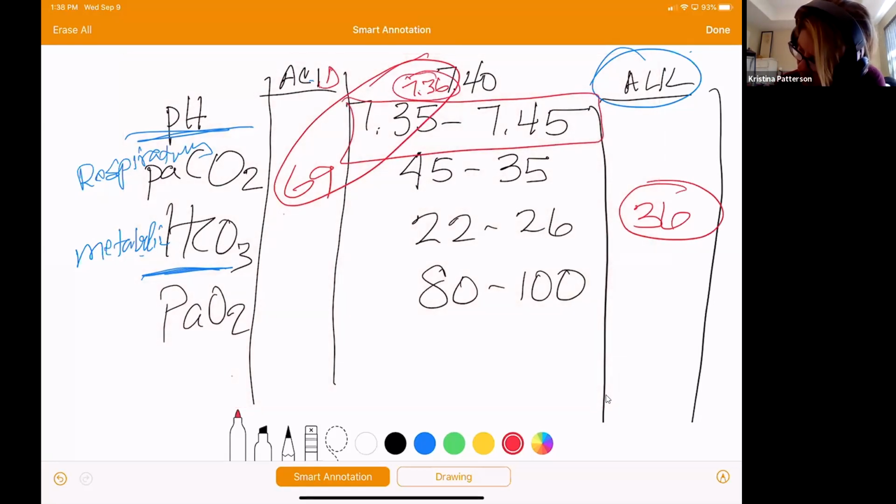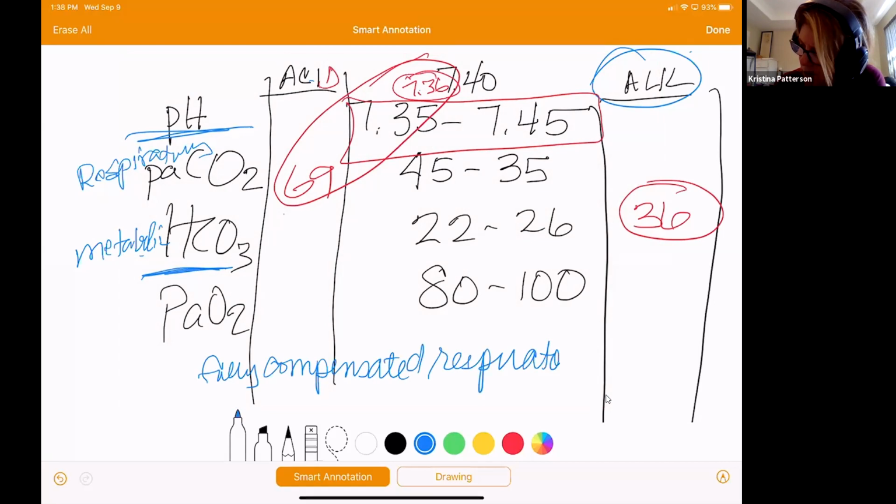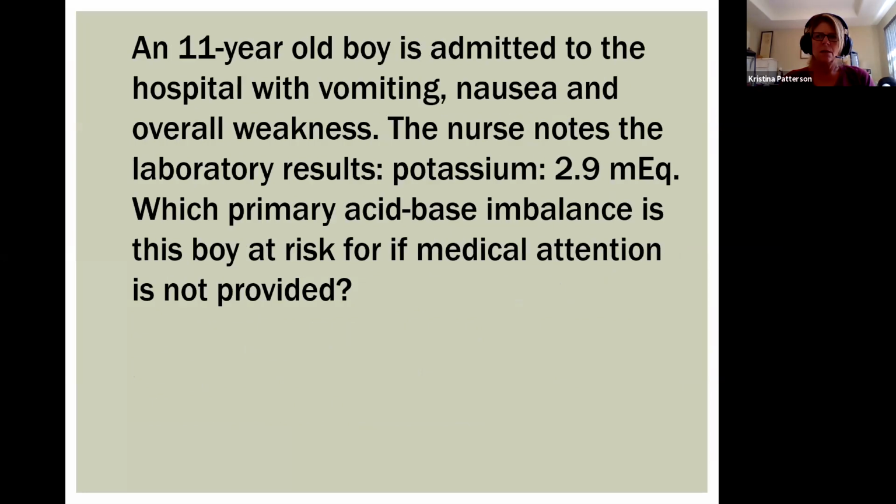Okay, so we have here a fully compensated respiratory acidosis. Okay, perfect. We got it right. Hang with me. We're almost done. Let's see. I think this is the last one. Almost.